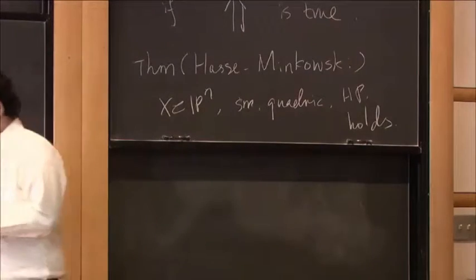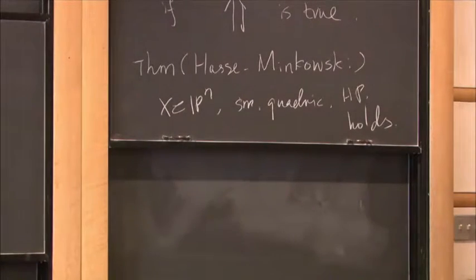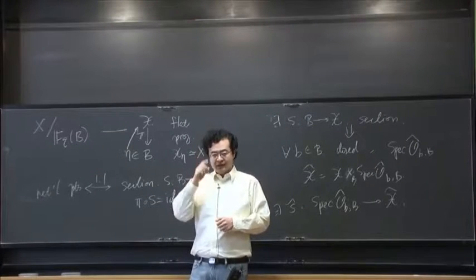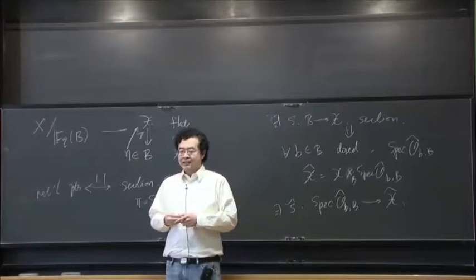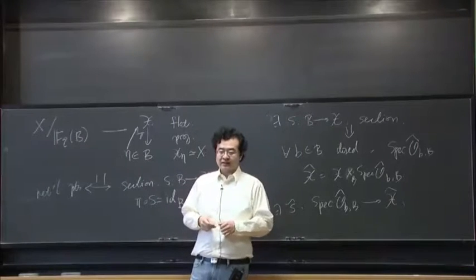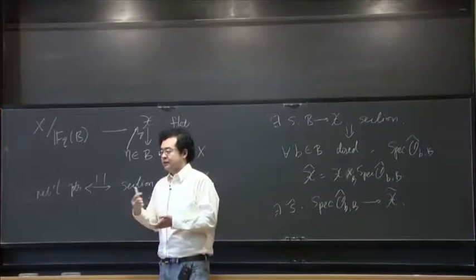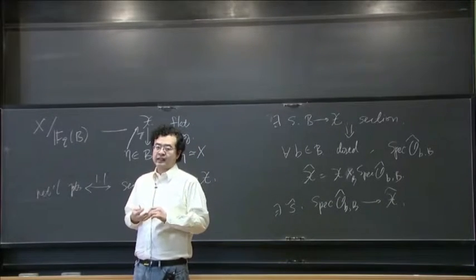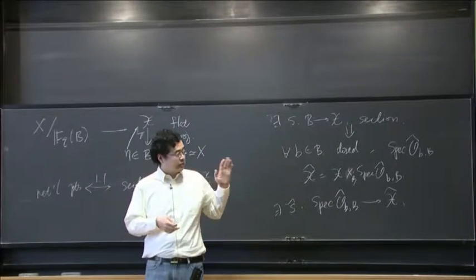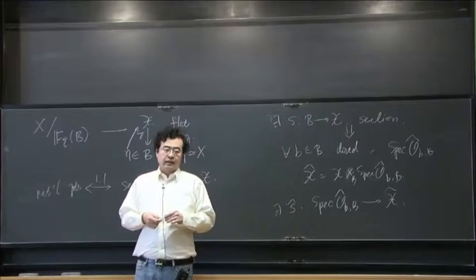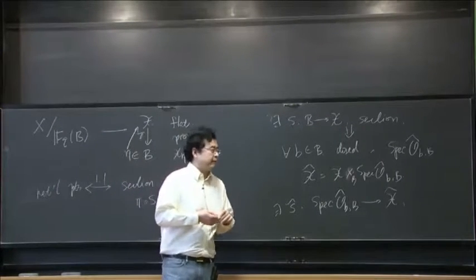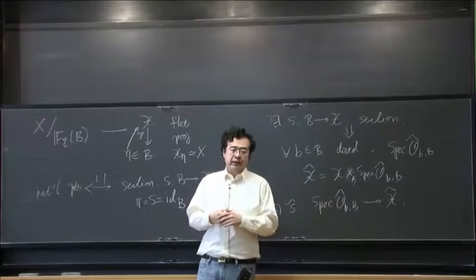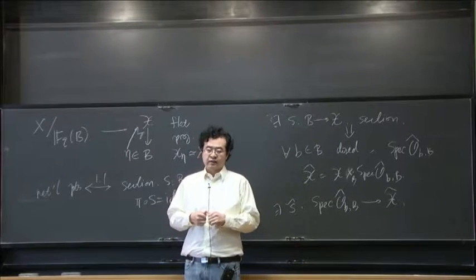Then you can ask, what about other varieties? Can you find other examples where the Hasse principle holds? So the natural next step is to look at cubic hypersurfaces. And it turns out that for curves in P^2, and also for cubic surfaces in P^3, the Hasse principle fails. And there is a conjectural explanation why the Hasse principle fails for cubic surfaces.